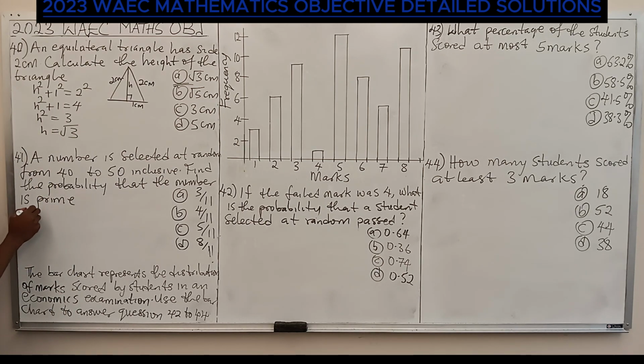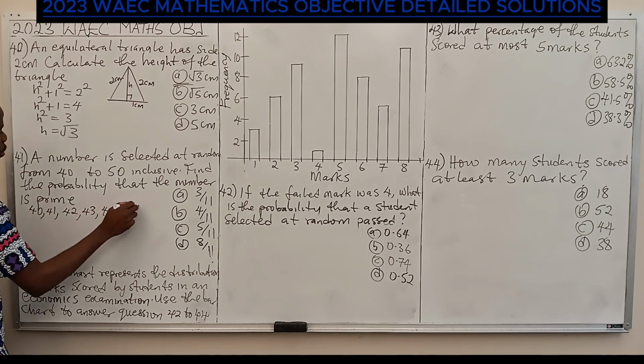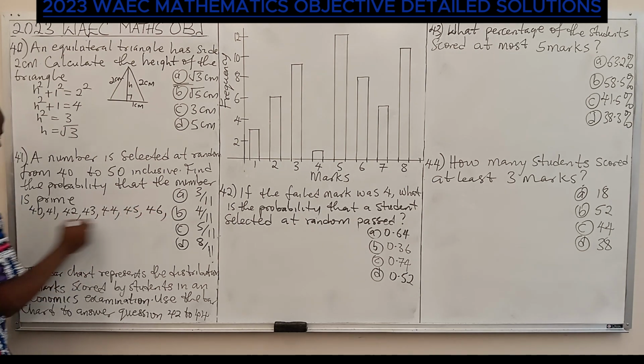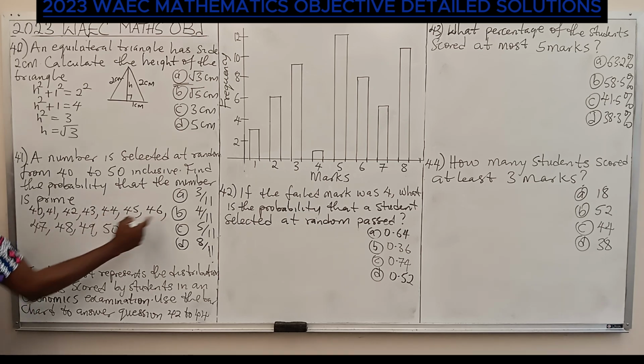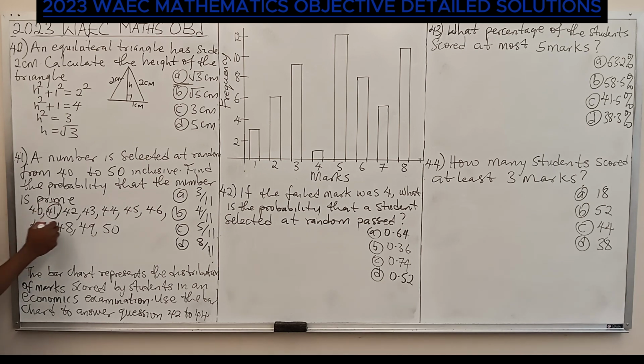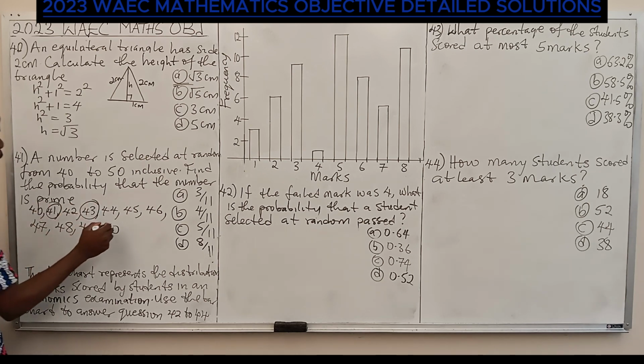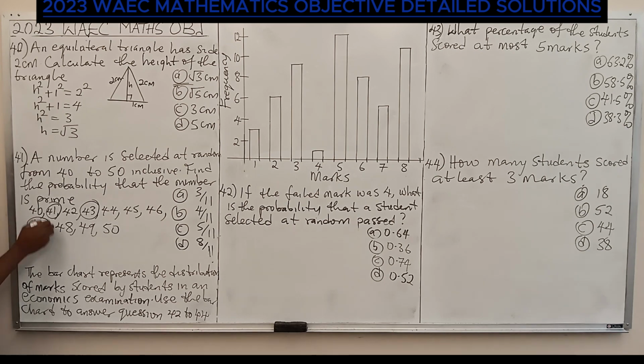We have 40, 41, 42, 43, 44, 45, 46, 47, 48, 49, 50. The prime numbers here are 41, 43, and 47. The rest are not prime. They are either even or odd, but these are the only prime numbers.